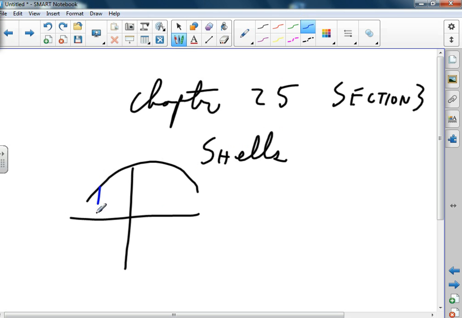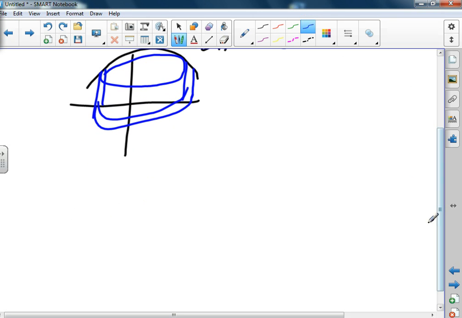We're going to find some shell that comes around, and we're going to find the volume of that shell and then add them all together. So that's what we're going to do. On the order of magnitude of difficulty, this is about twice as difficult as doing discs.